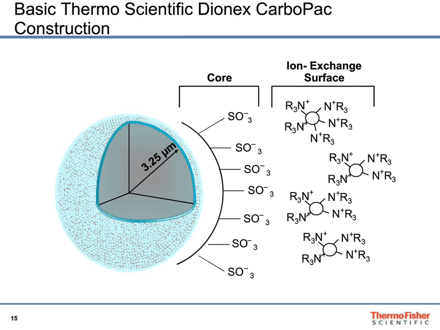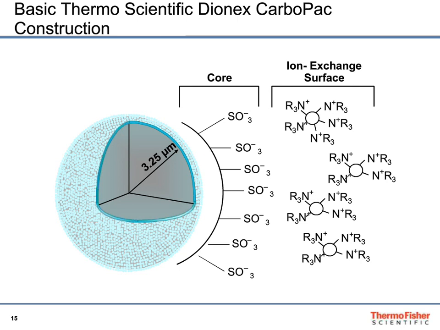And that's basically how most of our CarboPac family of columns are prepared, and specifically the ones I'm talking about today, the 200, the 100, and the 1, are all prepared in the same manner. And really where the variation is, is in the way we make the core, either its size or the way we cross-link it, and a little bit on how we do the surface chemistry to do the anion exchange.